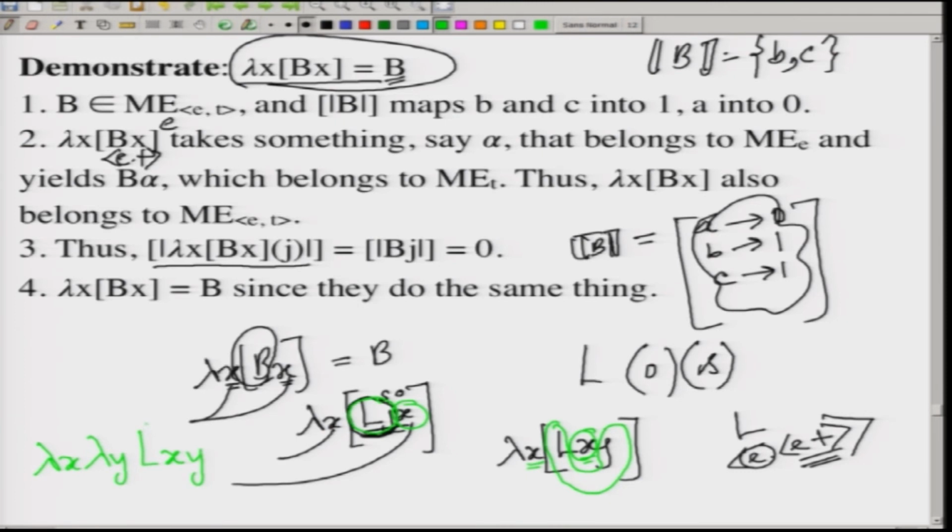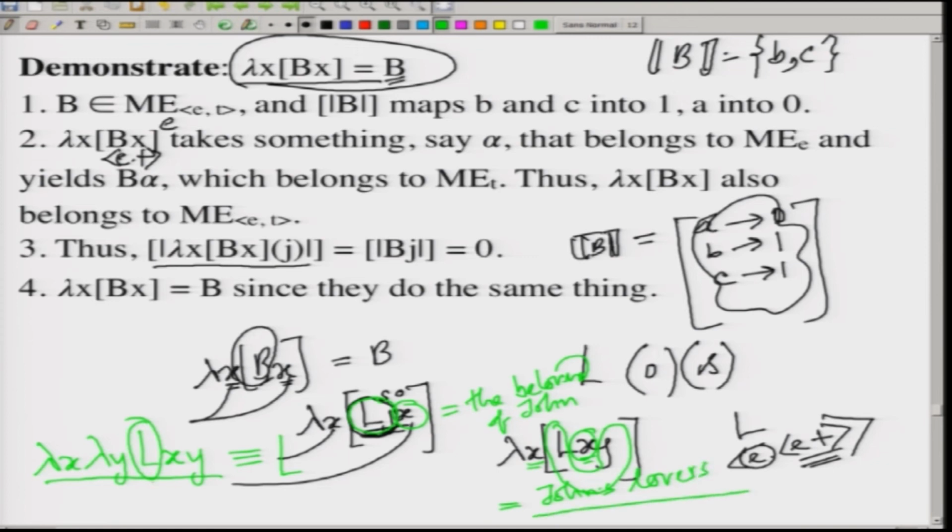After they both are gone, I am left with just L. So, this is equivalent actually to L, whereas this is equivalent to the beloved of John, and this is equivalent to John's lovers. Now, this is equivalent to love itself.